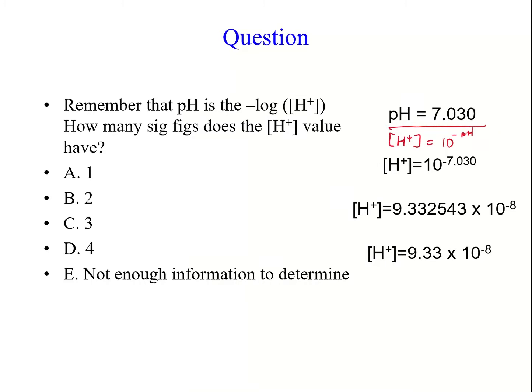Since we are working with the anti-logarithm, we care about the number of decimals in the power. So 3 decimals, which means that we will need to round our answer to 3 significant figures. So the concentration of the H plus ions is 9.33 times 10 to the negative 8. We rounded this number to 3 sig figs.